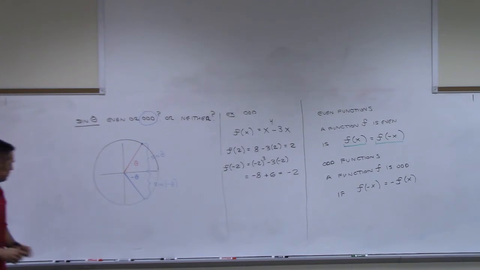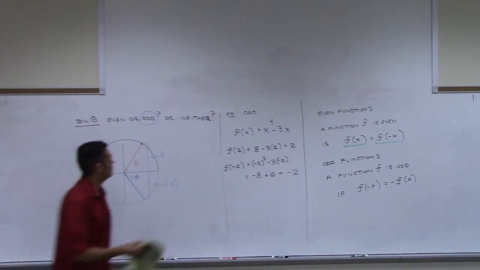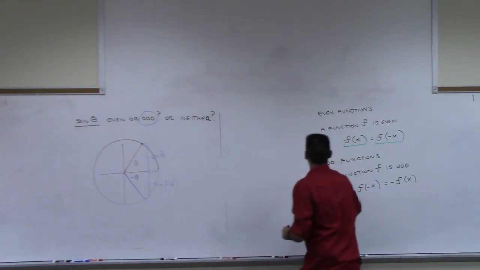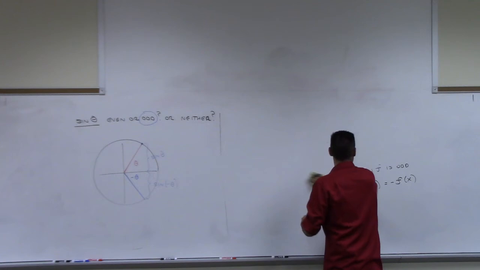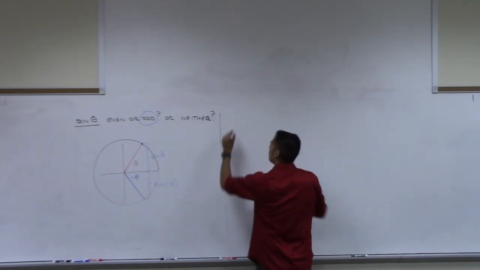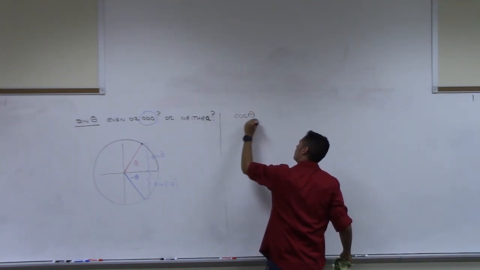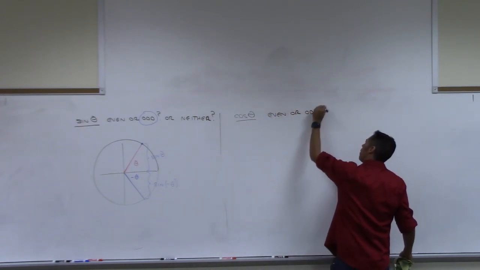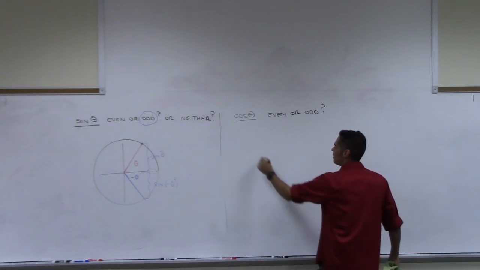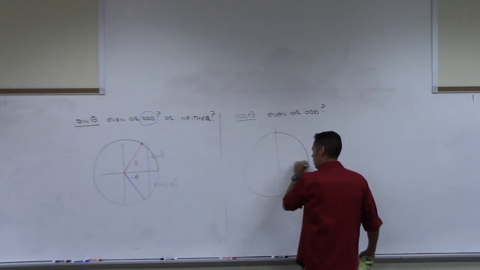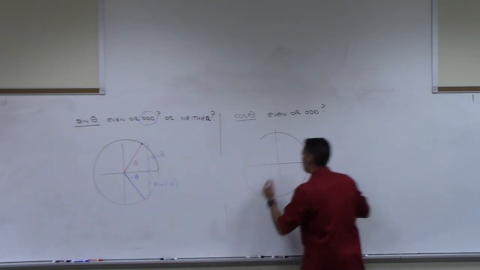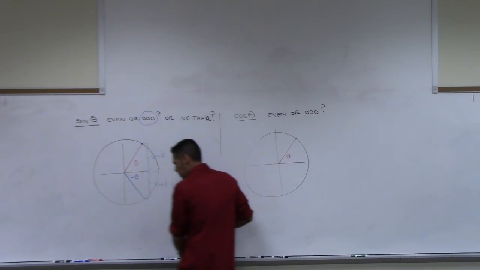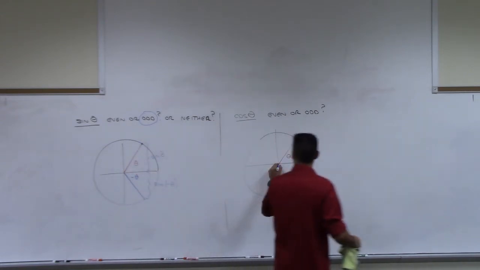How does it work for cosine? How about cosine of theta? Even or odd? Or neither? So go back to the same picture. If you give me an angle theta, and then you give me the same angle but negative.